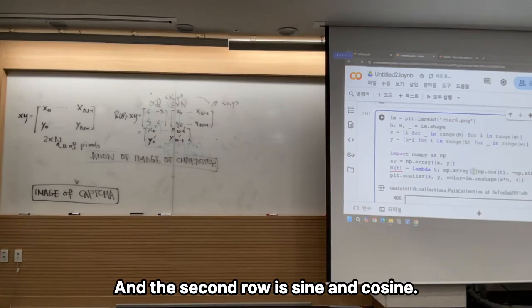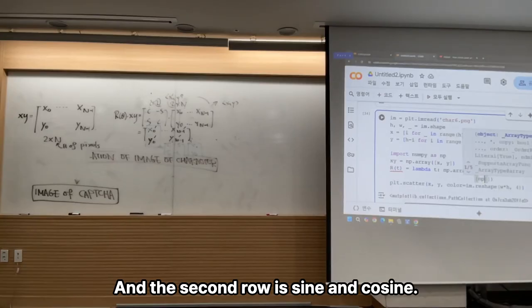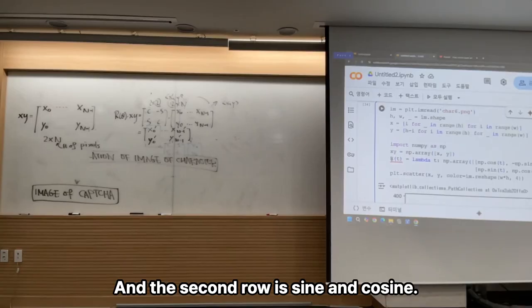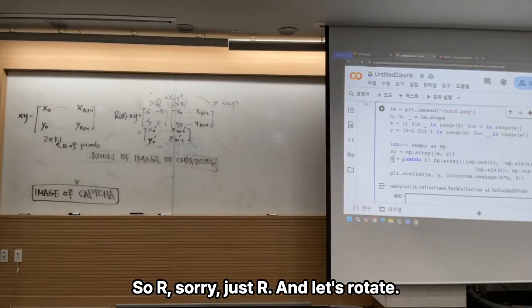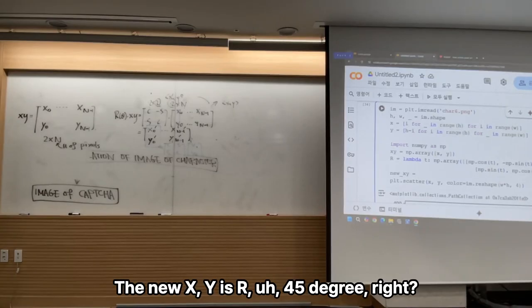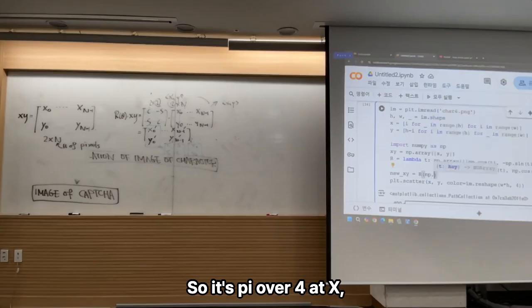And the second row is sine and cosine. So R, sorry, just R. And let's rotate. The new xy is R 45 degree, right? So it's pi over 4 at xy.